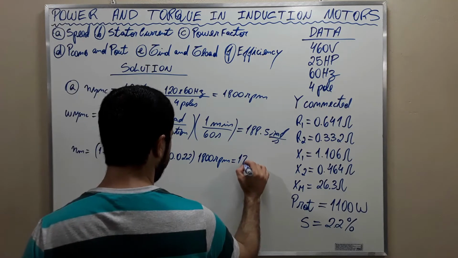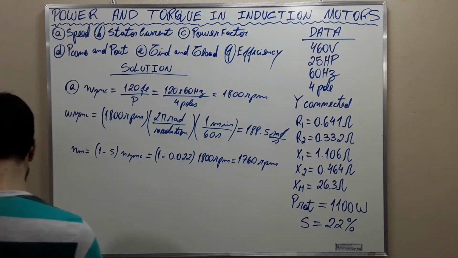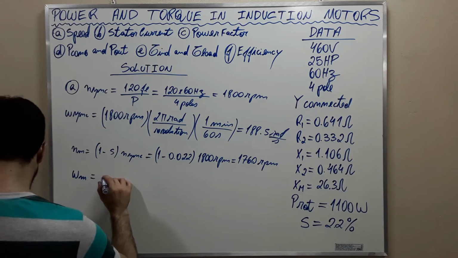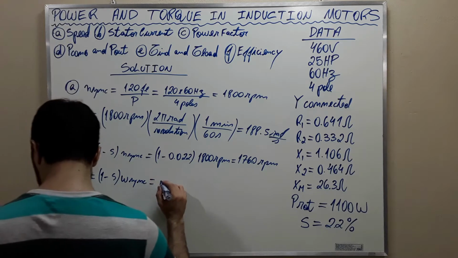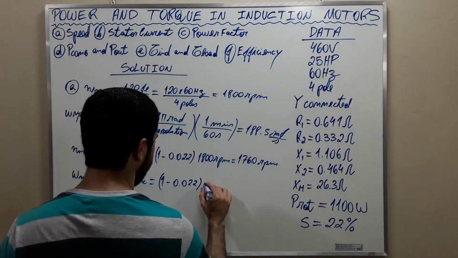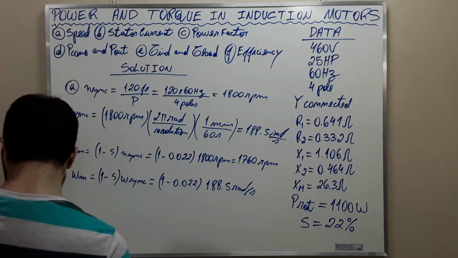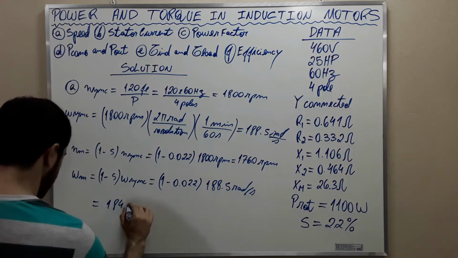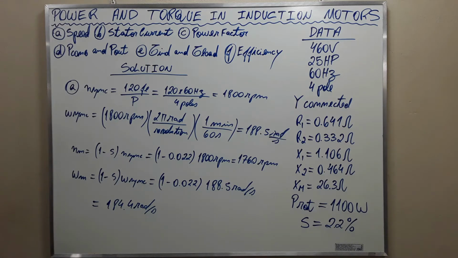And the result is 1760 RPM, which can be converted to radians per second as 1 minus 0.022 times 188.5 radians per second, and then the mechanical shaft speed is going to be 184.4 radians per second.